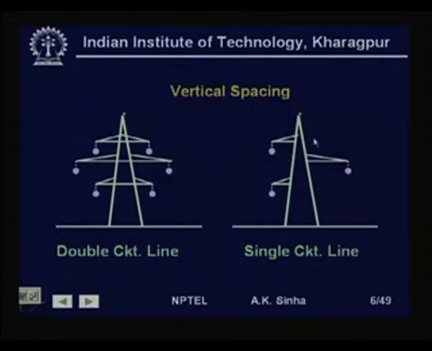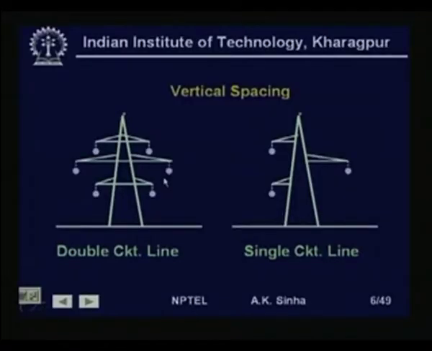When the load builds up, the other arms will be added and we will get a double circuit 3 phase line like this. So, this is about the support structure or the transmission towers.